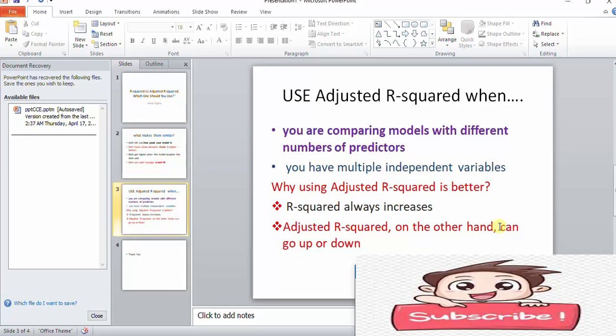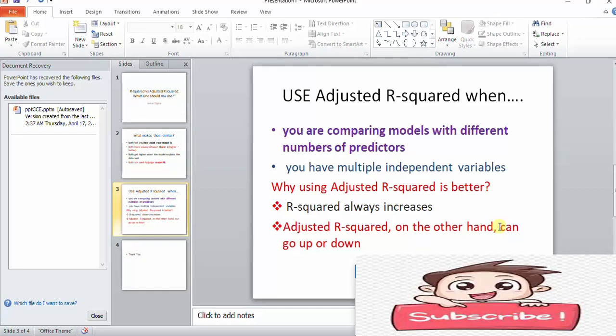And the second situation is when the researcher has multiple independent factors or independent variables. When the researcher has two or more independent variables, it is still recommended to use adjusted R square. It is possible to use R square in this case, but the most preferable and recommended value here is adjusted R square.